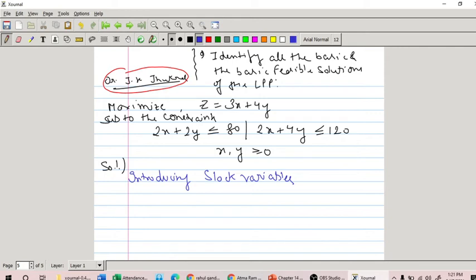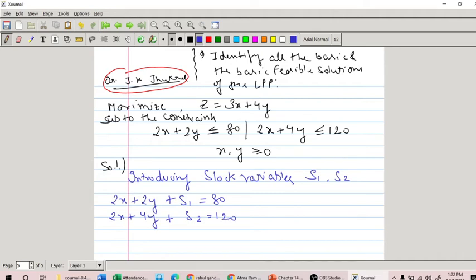So, we need slack variables, not surplus variables. So, हम लोग S1 और S2 को दो slack variables को इंट्रोड्यूस करने वाले हैं अपने दोनों इक्वेशन के अंदर. So, now your equations become 2x plus 2y plus S1 is equal to 80, and the other equation is 2x plus 4y plus S2 is equal to 120.